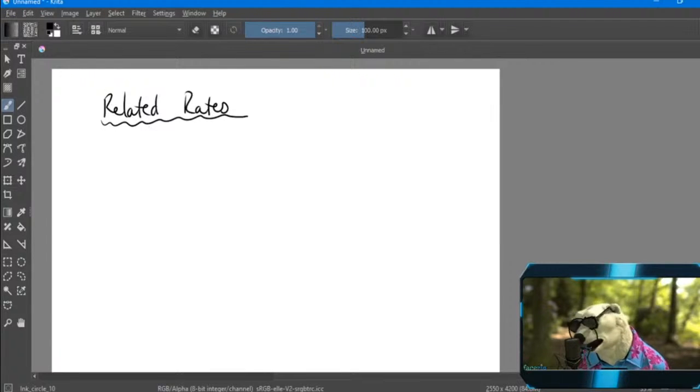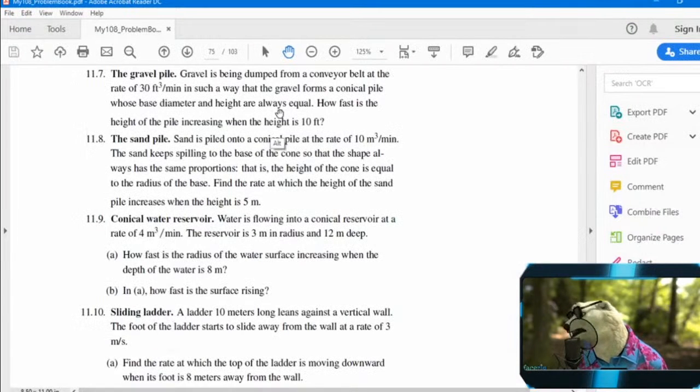We're going to look at two of them, the two remaining types. The first one, I'll zoom in here.